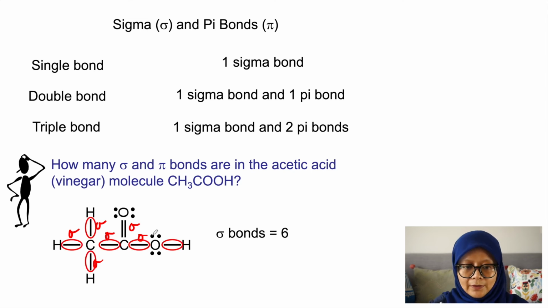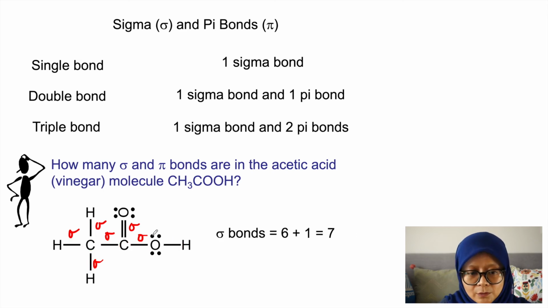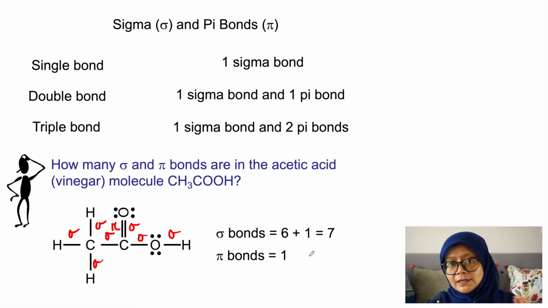And other than that, we have 6 plus 1, and then we have a pi bond here. So 7 sigma bonds and 1 pi bond.